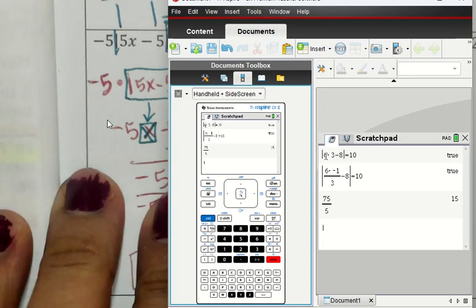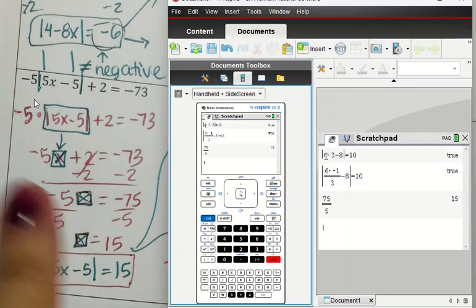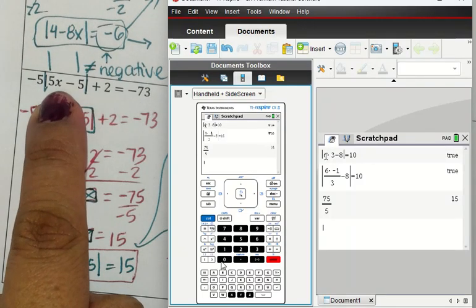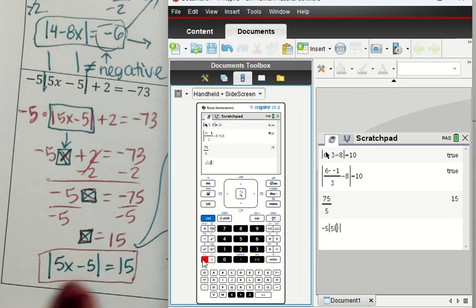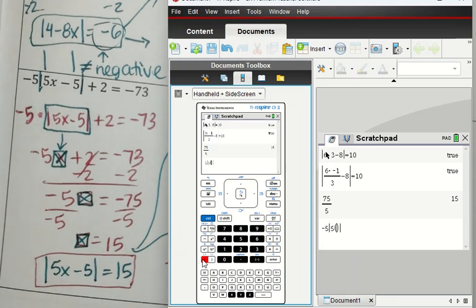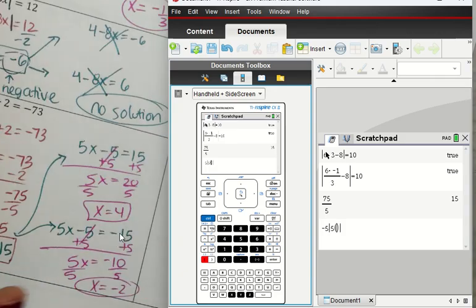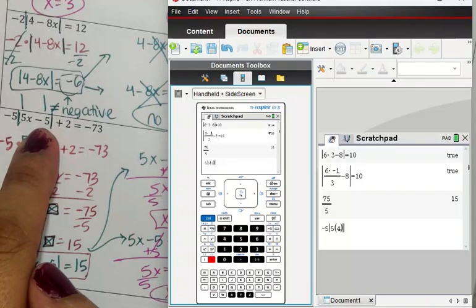So I'm going to type this whole equation, substituting the x with the x values we got. So it's negative 5, absolute value of 5 times one of our answers, which was 4. And then close the parentheses, minus 5.